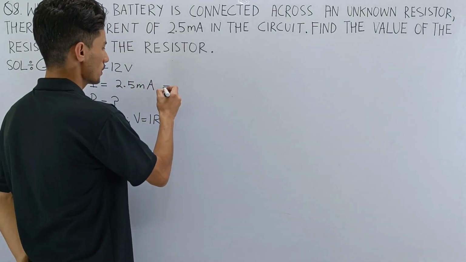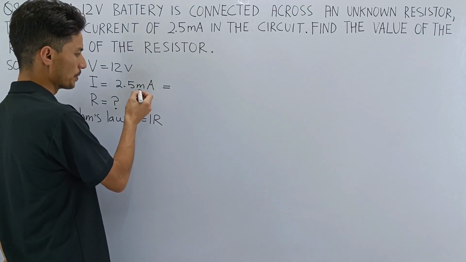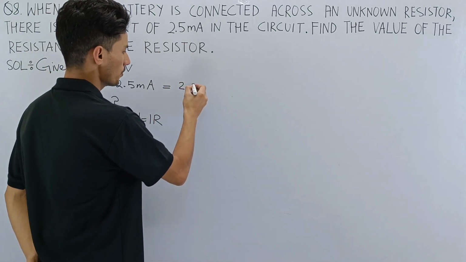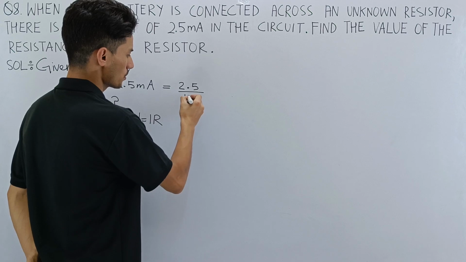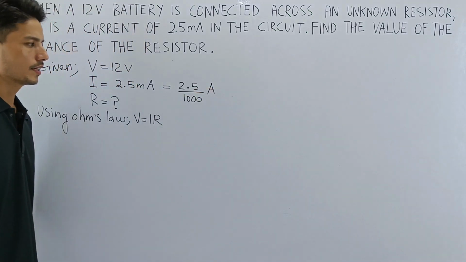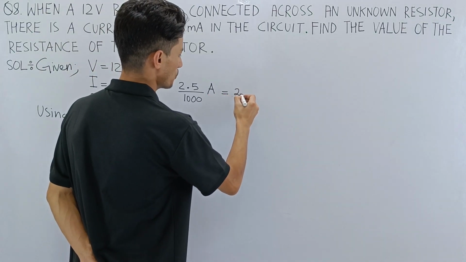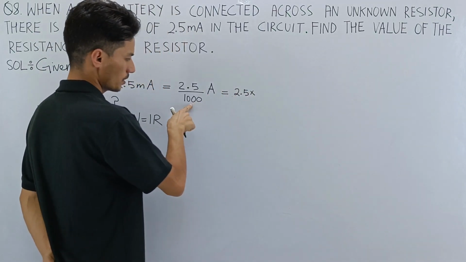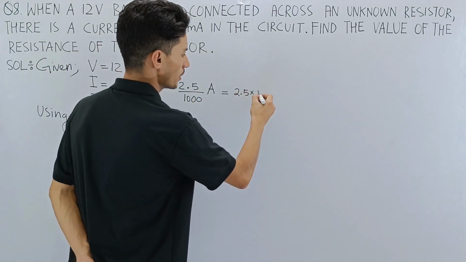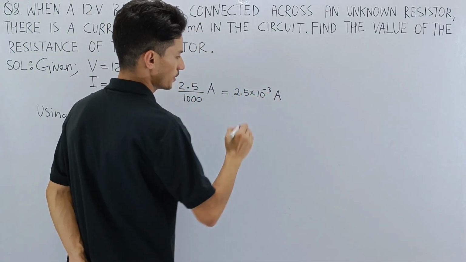So let's change this milliampere into ampere, for which I'll be removing this milli. So it will be 2.5 divided by 1000, and with that the milli goes away and you have your ampere. You will write it like this: 2.5 into 10 to the power minus 3 ampere.